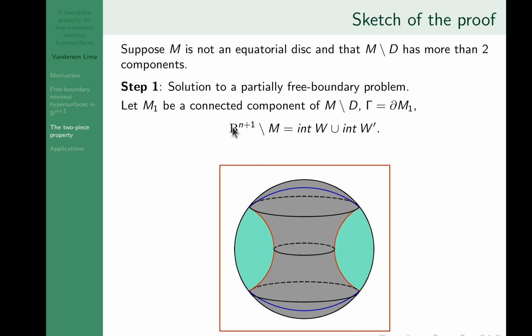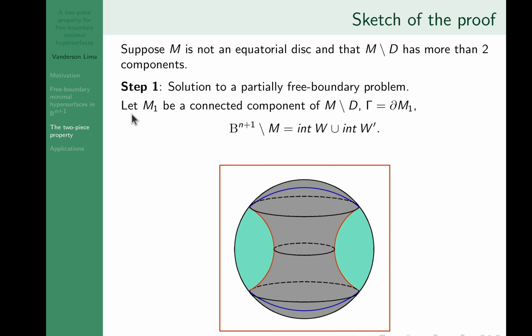So I have now a closed curve with two parts: one part inside the interior of the ball and two parts inside the sphere, which is the boundary of the ball. In the case of high dimensions, these will be submanifolds of dimension n minus 1.